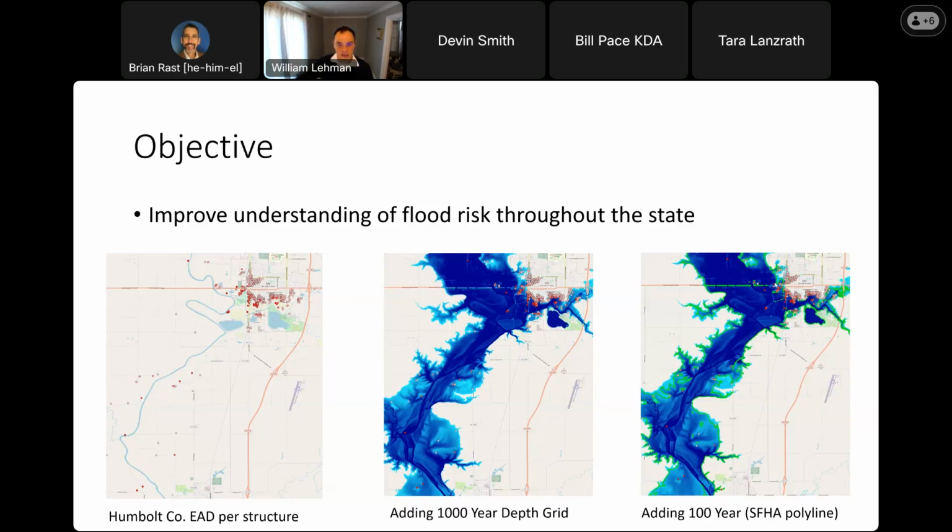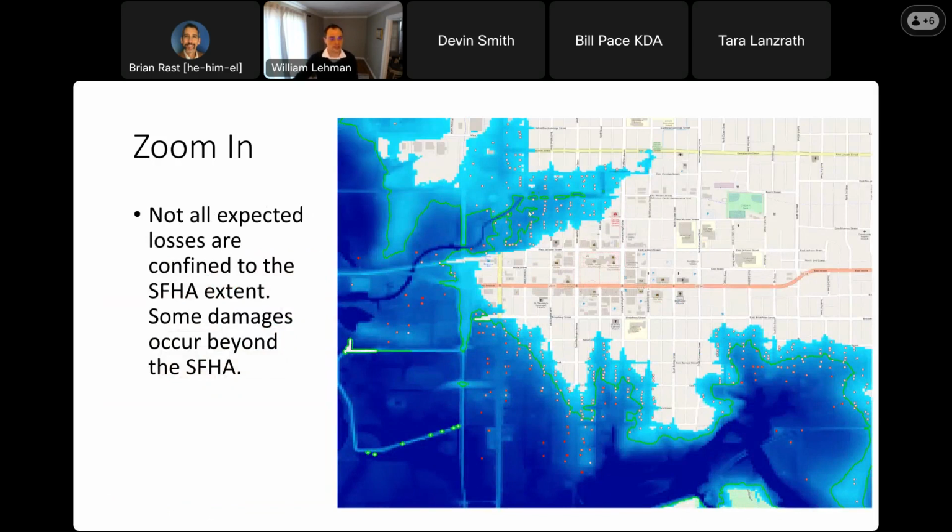I also added the 100-year SFHA to show that there are obviously some damages outside of the 100-year. If we zoom in, you can see a more granular picture that there are structures that are flooded outside of the 100-year. This is, again, the 1,000-year. I didn't plot the 500 or the 200, but presumably you could do that and figure a little bit more out about the specific frequencies.